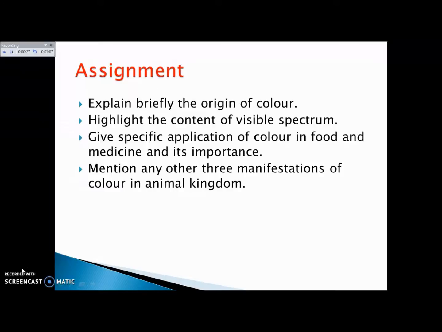Highlight the content of the visible spectrum. Give specific applications of color in food and medicine and its importance. Mention any other three manifestations of color in the animal kingdom.